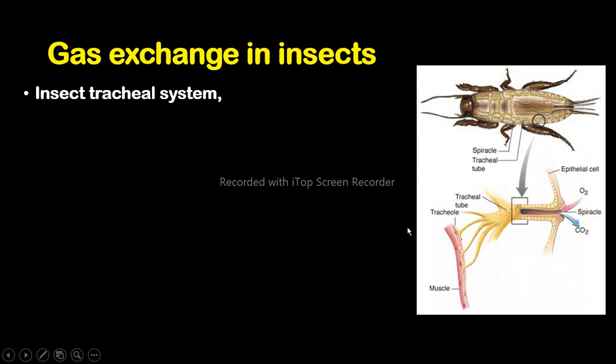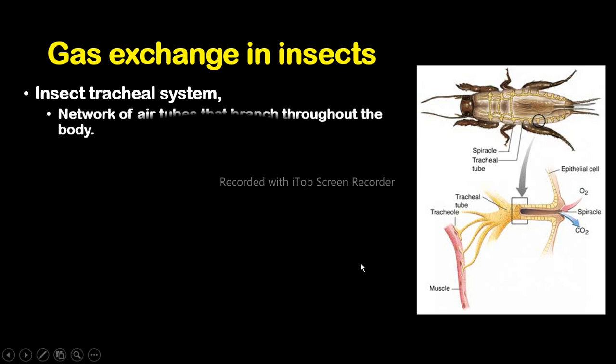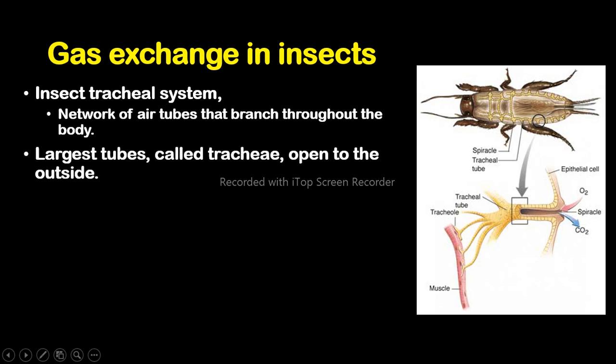Insects obtain their respiratory gases through a system of tubes known as the tracheal system. It is a network of air tubes that branch throughout the entire body of an insect. The largest tube is called a trachea.